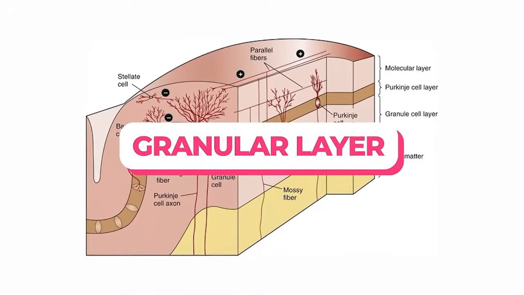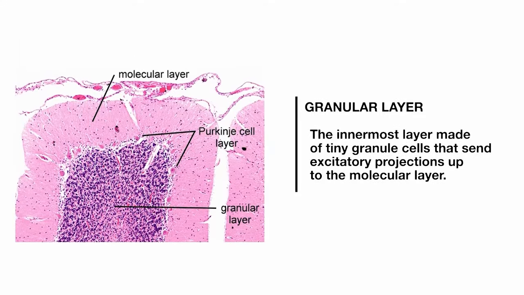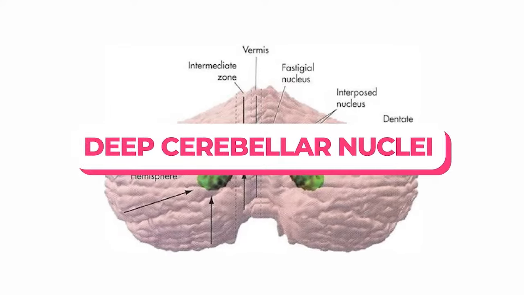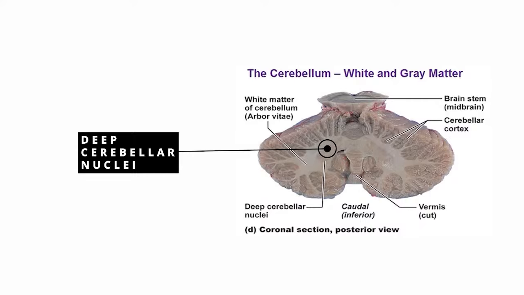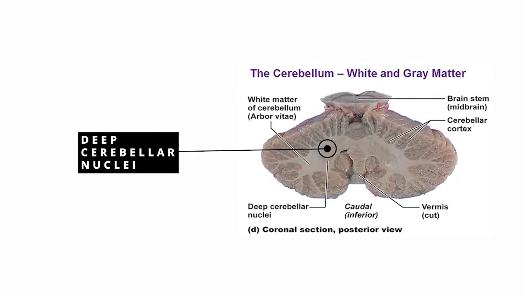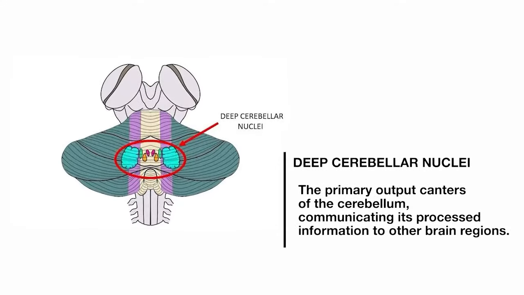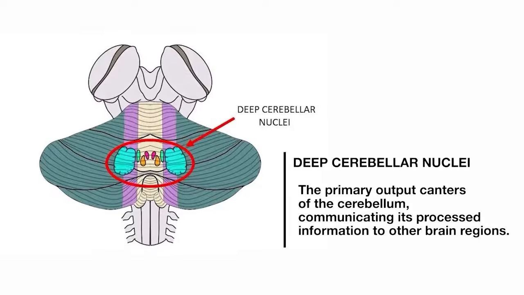Granular layer. The innermost layer made up of tiny granule cells that send excitatory projections up to the molecular layer. Deep cerebellar nuclei. Embedded within the cerebellum are clusters of gray matter known as the deep cerebellar nuclei. These serve as the primary output centers of the cerebellum, communicating its processed information to other brain regions.